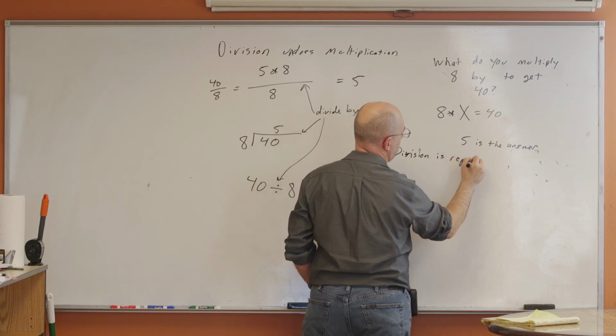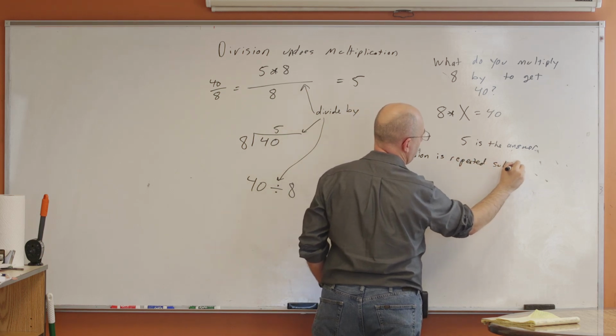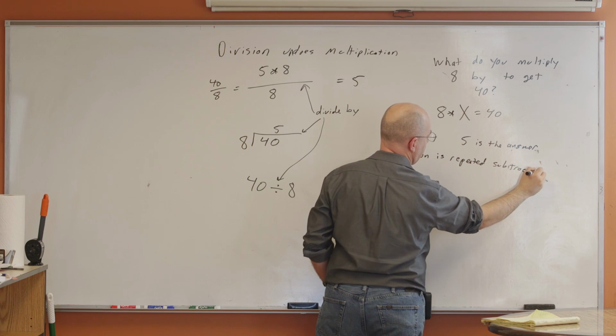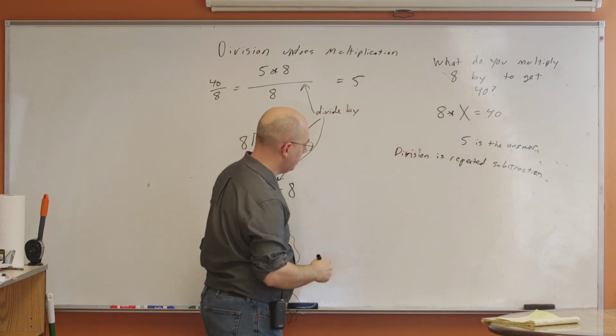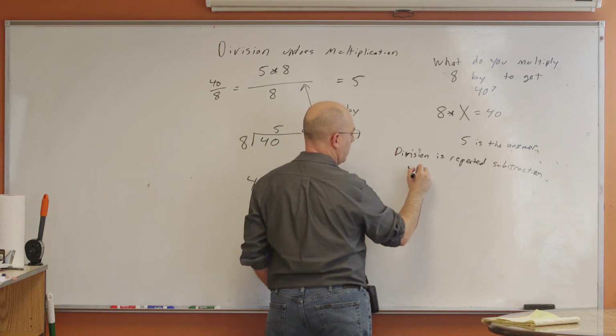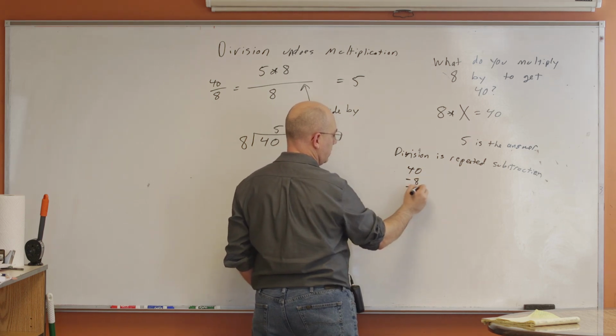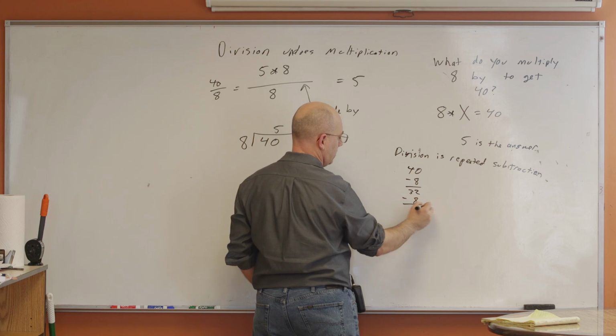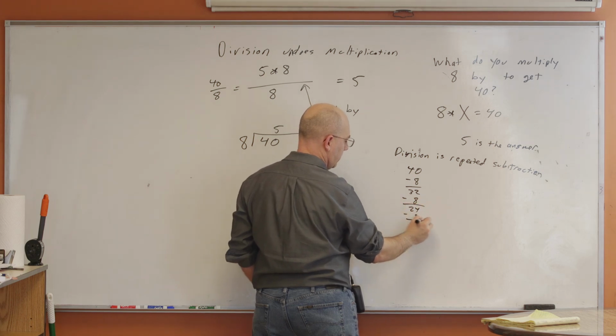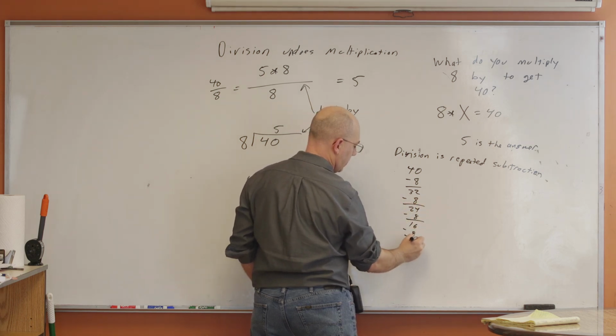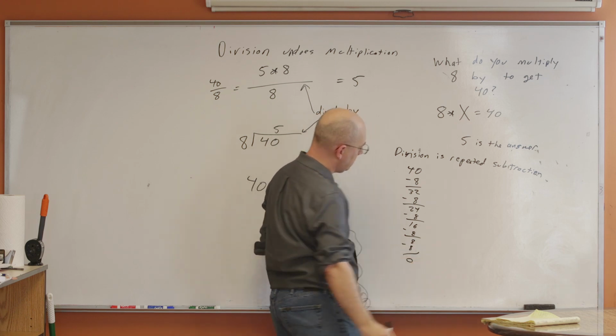But there's a twist on this one. You take 40, and if you're dividing by 8, you subtract 8, you get 32. Subtract 8, you get 24. Subtract 8, you get 16. Subtract 8, you get 8. Subtract 8, you get 0.